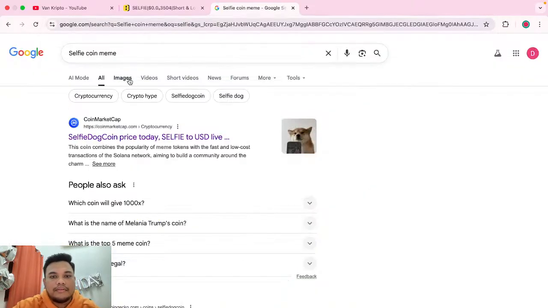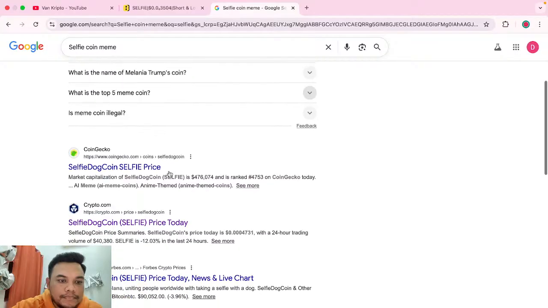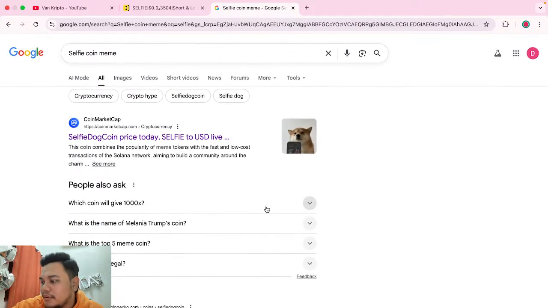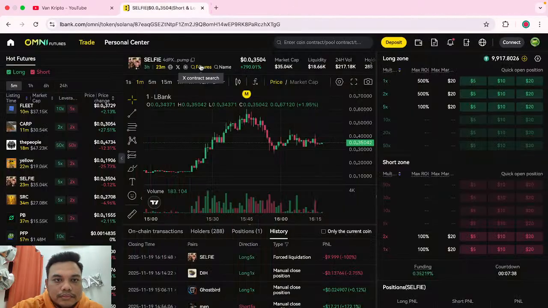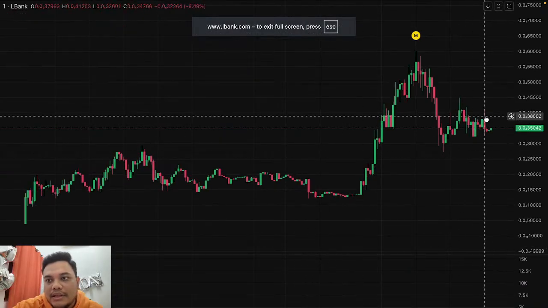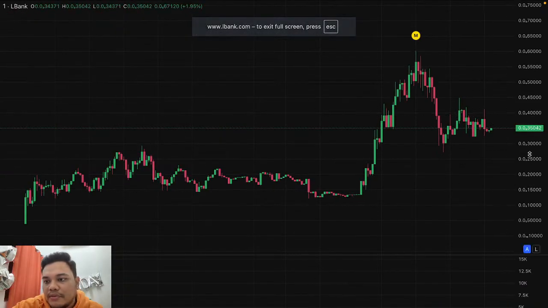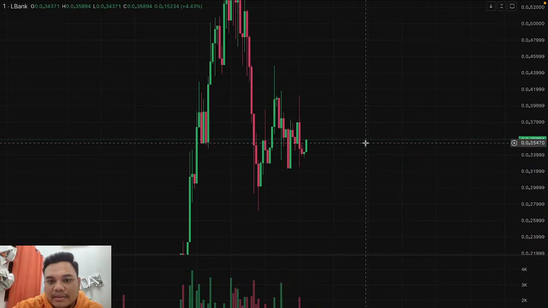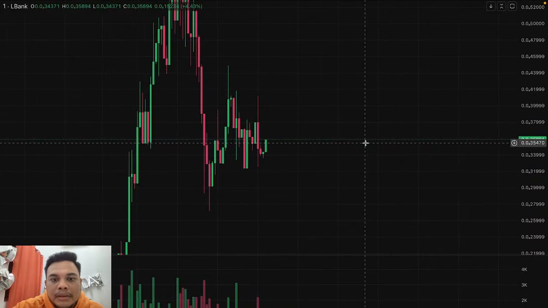I cannot find it actually. I think because it's a very small meme token, that is why you cannot find anything about it, right? How about we try to enlarge it and see if there is anything we can do on this market, for example, like the analysis, not sure, right?